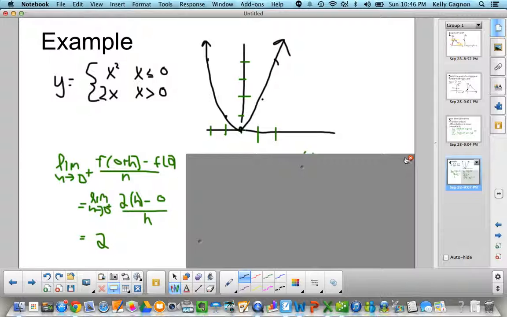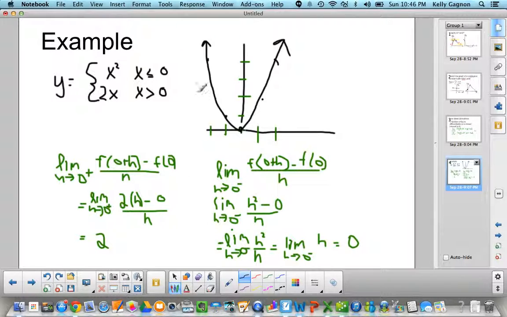Now, if we look at the graph from the left, we're going to use x squared. So it's going to be 0 plus h, minus f at 0, over h. That's h squared over h, which results in the limit of h. When you substitute, you get 0.